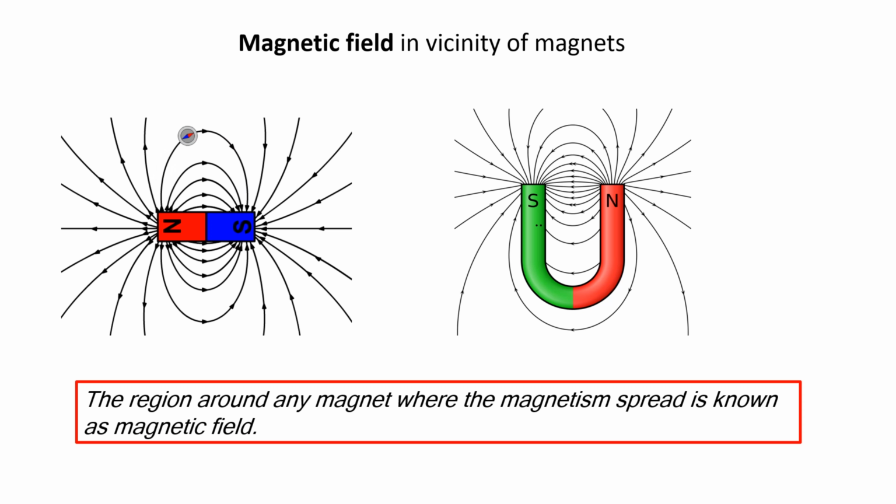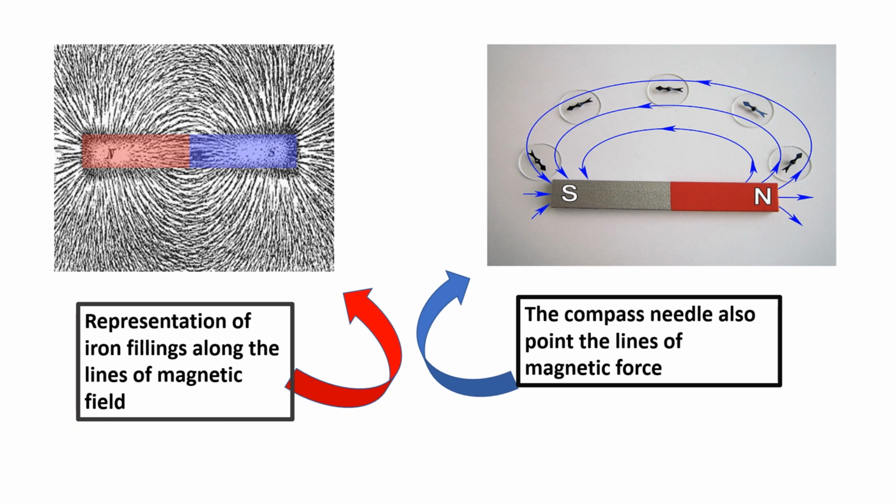These lines are drawn to represent the magnetic field. Here are some examples of magnetic fields: field of a bar magnet and a U-shaped magnet. The magnitude of the magnetic field changes with the magnetic property of the magnet. If you scatter tiny iron filings around a magnet, they line up along the lines of magnetic force around the magnet.